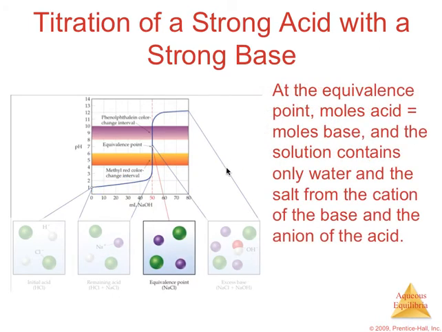At the equivalence point, the moles of acid is equal to the moles of base, hydronium to hydroxide. The solution only contains water and the salt from the cation of the base and the anion from the acid. So in this case, because it was hydrochloric, strong acid, and sodium hydroxide, all I have at that equivalence point is sodium chloride, salt water.